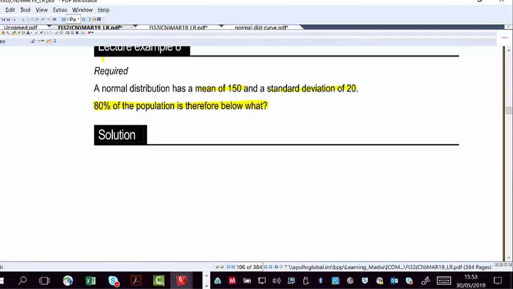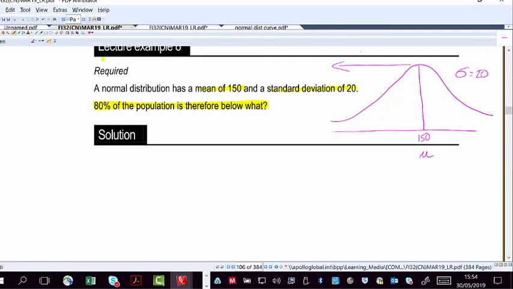Let's make it a bit clearer by using our normal distribution curve. Here we're told that the mean is 150 and the standard deviation is 20.